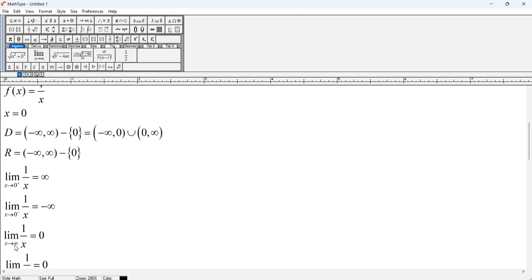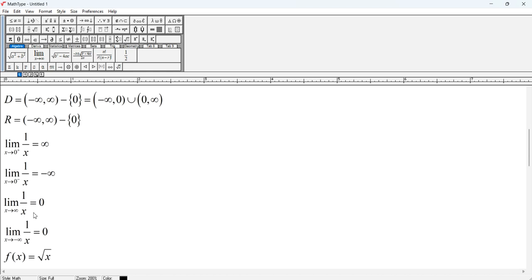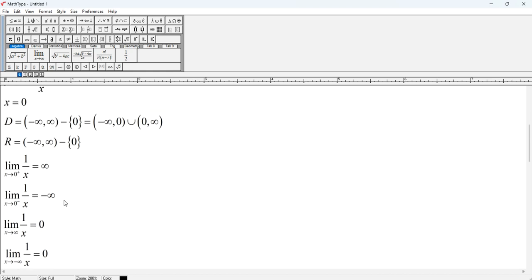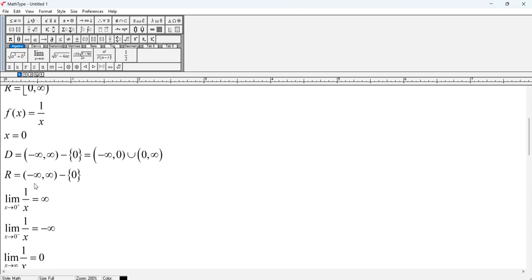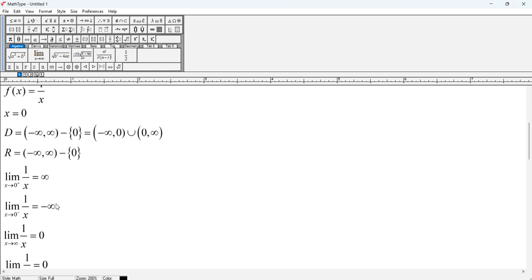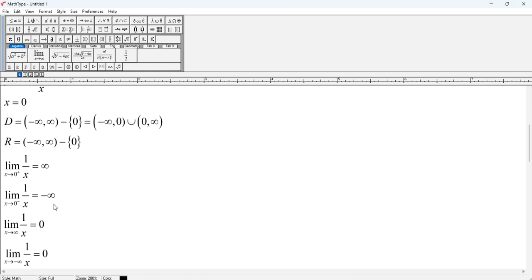When I push to infinity or minus infinity, this function equals 0. So the range is minus infinity to infinity without 0, because I'm approaching 0, but I'm not going to reach 0. I'm approaching infinity, but I can't reach infinity.